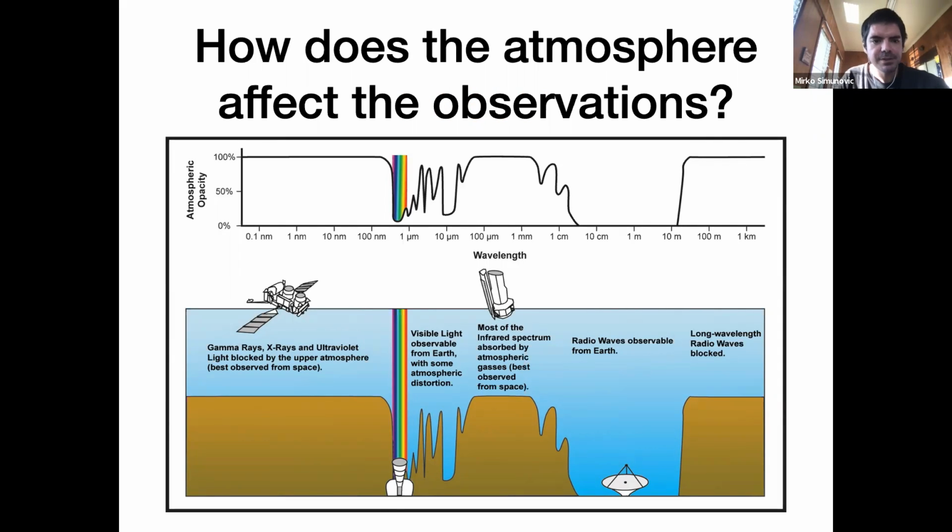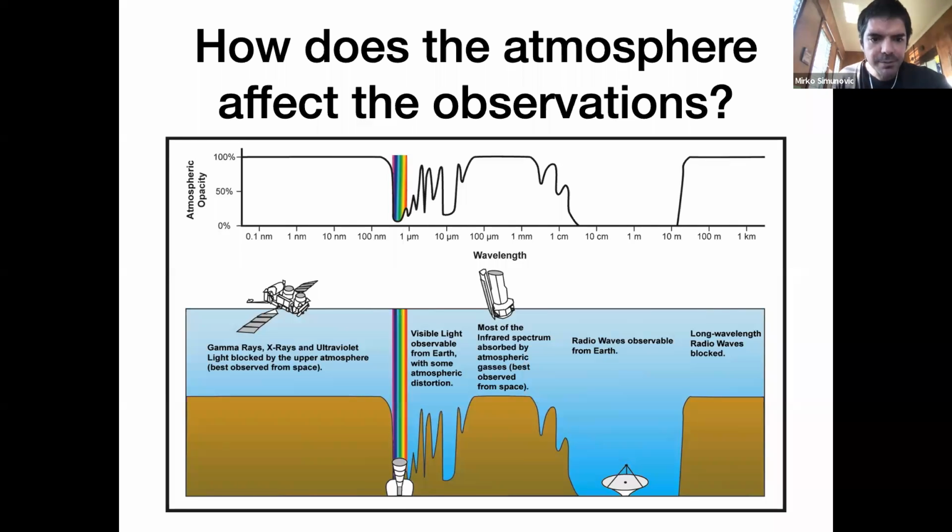So how does the atmosphere affect the observations? Well, there are different windows, so to speak, in which we can observe. At the top, you have a graph showing the opacity, which means how transparent the sky is. At the left, you have UV light, gamma, X-ray, and all of that. And further right, you have long wavelengths, so radio waves.